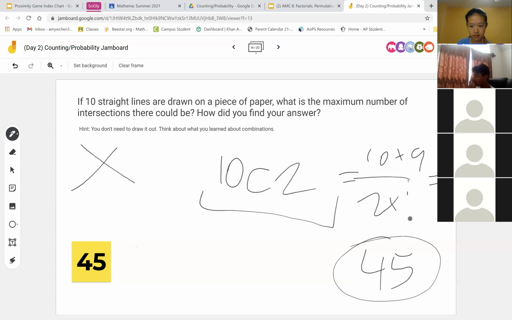We choose those two random lines, and we know there's going to be one intersection. So 10 choose 2 gives us the total number of combinations of two lines, and thus the total number of intersections. In fact, this works with any number of lines. If you have 20 lines, you would just do 20 choose 2. If you have 100 lines, you would do 100 choose 2. So pretty handy.